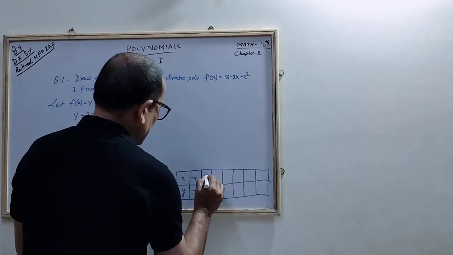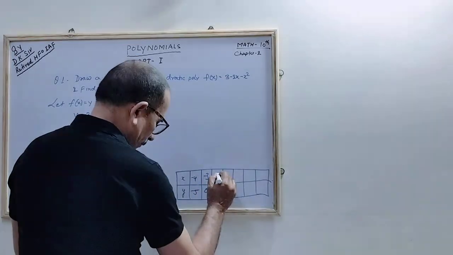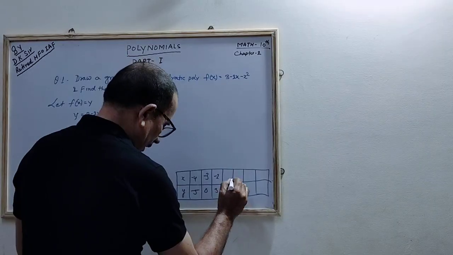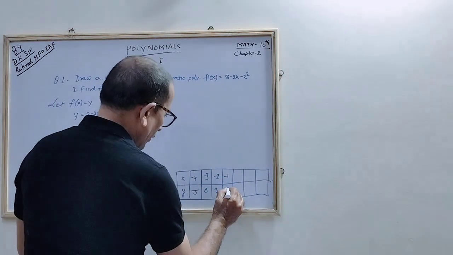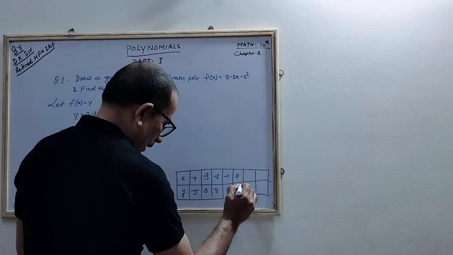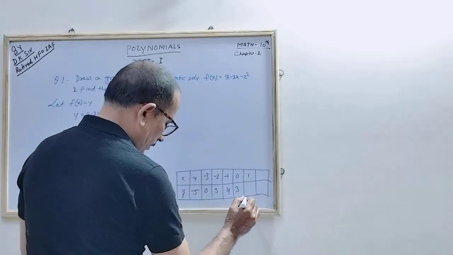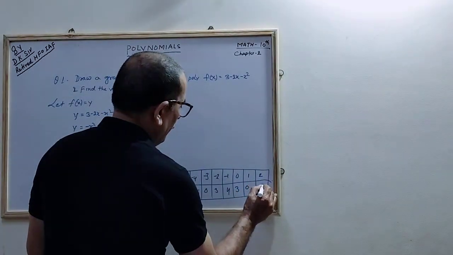When we take minus 3, it becomes 0. When we take minus 2, it becomes 3. When we take minus 1, it becomes 4. When we take 0, it becomes 3. When we take 1, it becomes 0. When we take 2, it becomes minus 5.